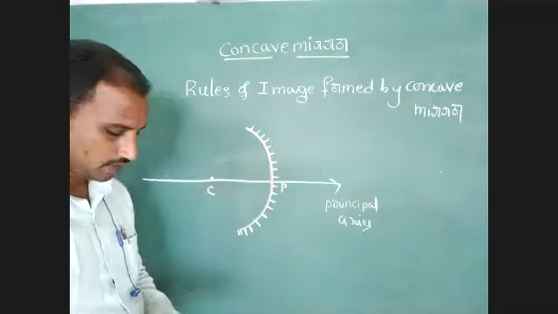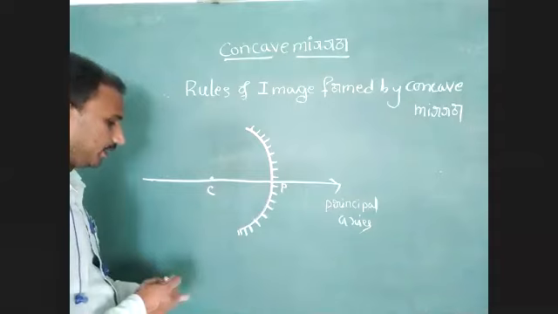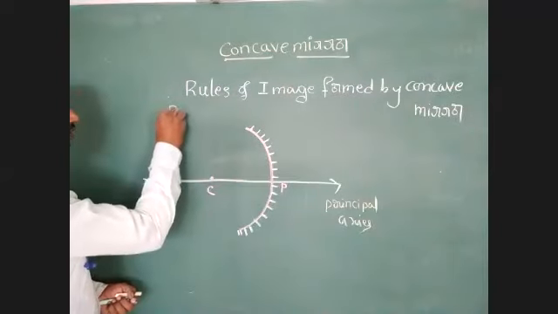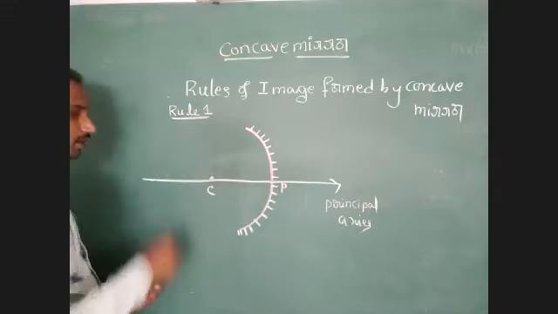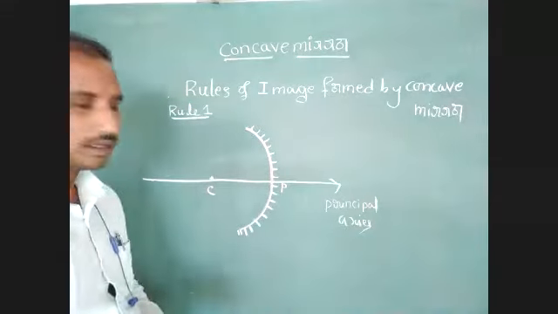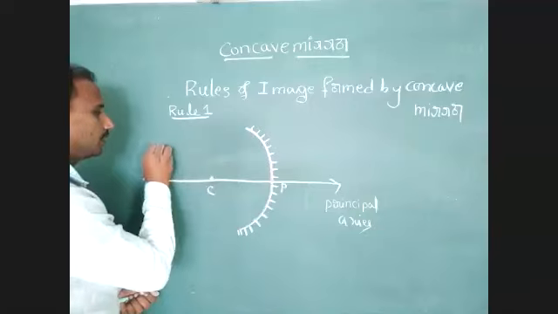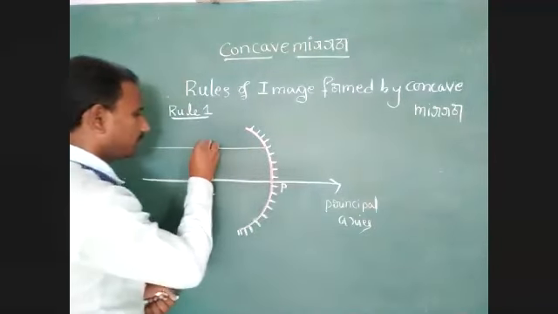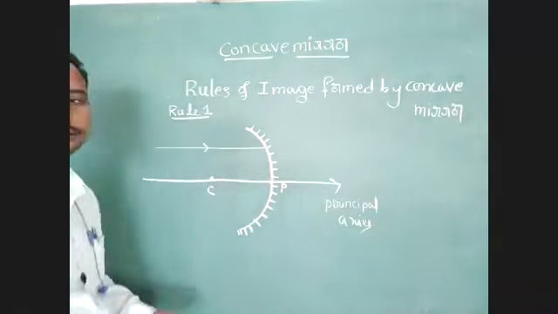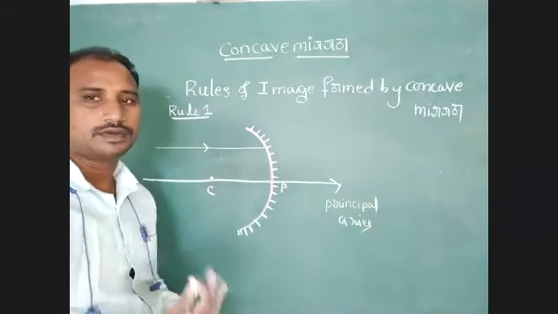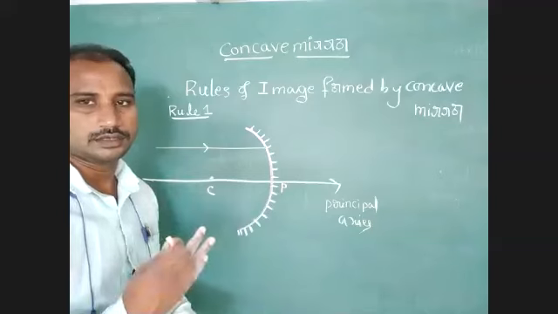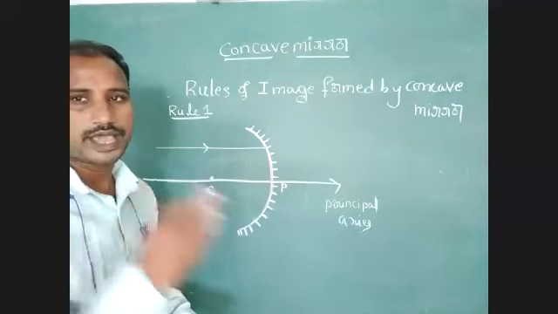Here we identify rule 1. So what is that rule? Rule 1: a ray of light parallel to the principal axis. If a ray of light is parallel to the principal axis, after reflection the reflected ray passes through dash.